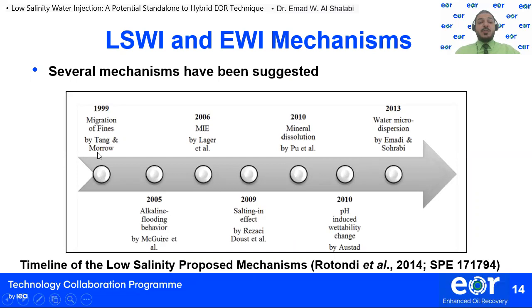The authors were referring to fine migration as a process, alkaline flooding, which is similar to what happens with surfactant injection, multi-ion exchange, salting in effect, mineral dissolution, pH induced wettability change, and water microdispersion. In general, there is still no clear idea about what is happening and what is controlling the incremental oil recovery. But most researchers more or less agree on wettability alteration as one of the main controlling phenomena.